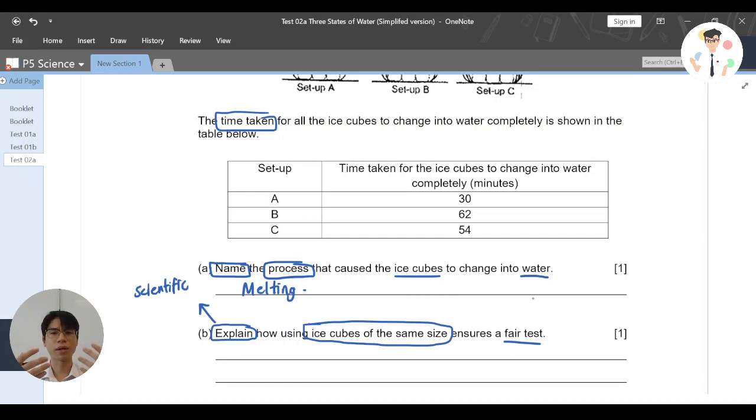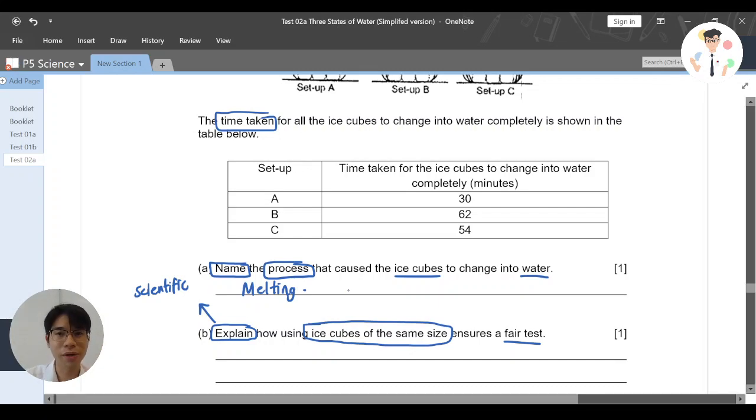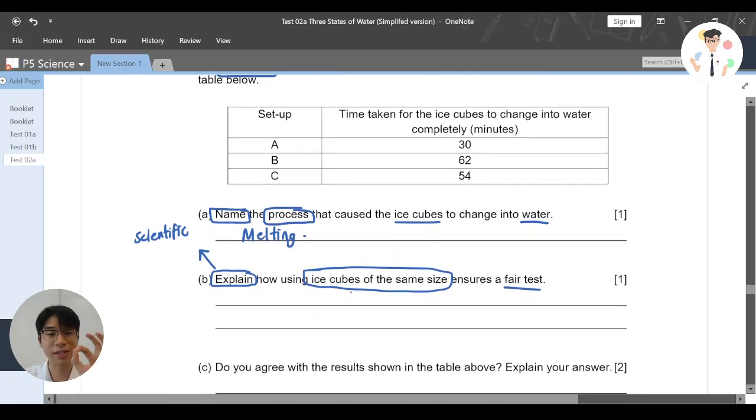Now they are asking how using ice cubes of the same size helps to ensure a fair test. They already give you the answer, but now they want you to explain how. Many times you can answer using this way of writing. So it's very important for you to know how to answer this kind of question.